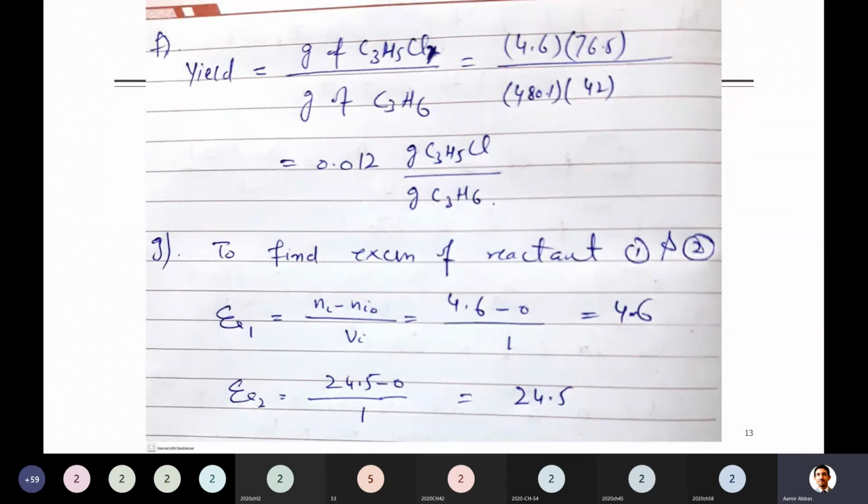Can you see it in the slide? Yes sir, we can see. But because he said we have to report the answer in gram, I already wrote gram of C3H5Cl divided by gram of C3H6. So do you know their grams? No. But what do you know? The moles. What were the moles of C3H5Cl in the system? That is the amount produced as a result of the reaction, and that was only 4.6 moles.